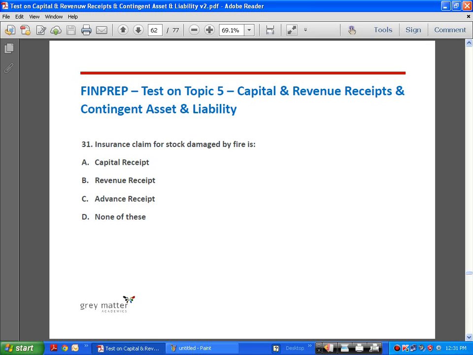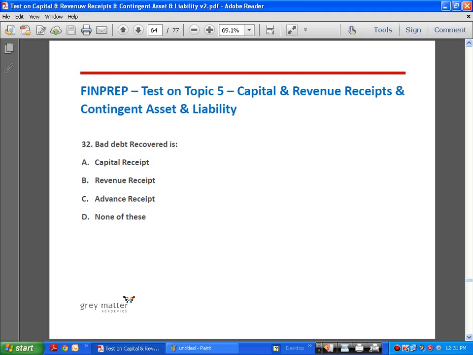Insurance claim for stock damaged by fire is a revenue receipt because stock relates to the operating activities of the business, and so the insurance claim received for stock damaged by fire is a revenue receipt. Bad debts recovered. Bad debts is again related to debtors.